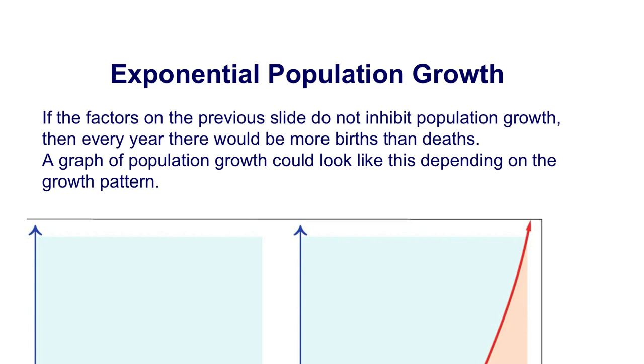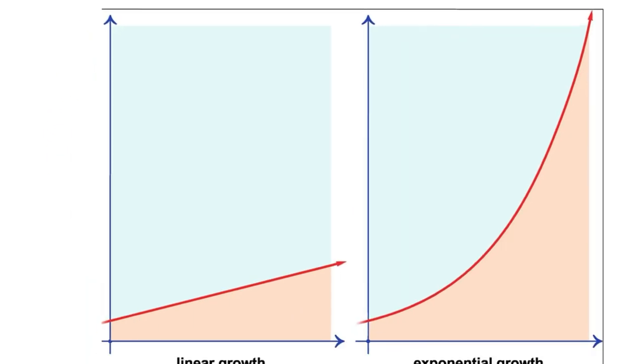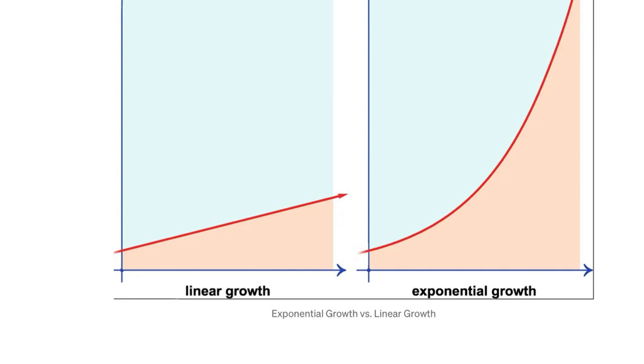So a population will start out with exponential growth, which means that the rate of the population keeps on increasing with time. The growth of the population keeps on increasing with time. Okay, so the y-axis is the number of individuals in the population.